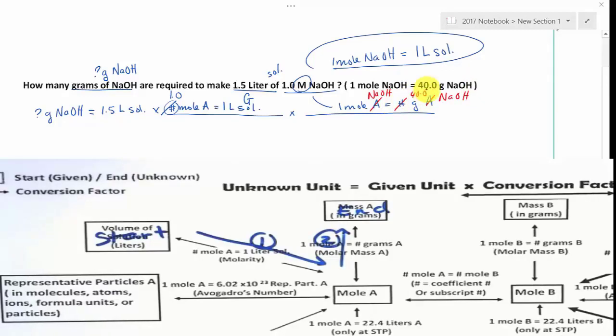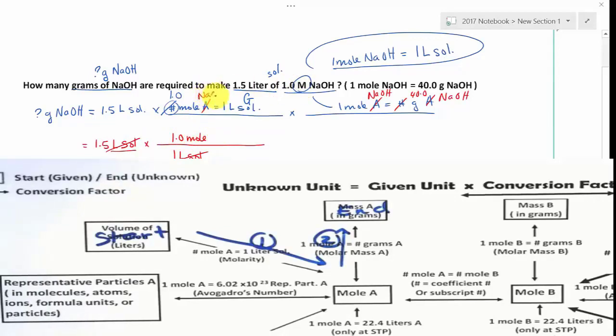Now let's rewrite this as a fraction, okay? So 1.5 liters of solution times. See that right there? Which part is going to be in the bottom? Of course, it has to be the same as that part. So we have 1 liter of solution on the bottom. They cancel each other out, right? And the top part would be the leftover of this conversion factor, which is 1 mole of A. What is A in this case?